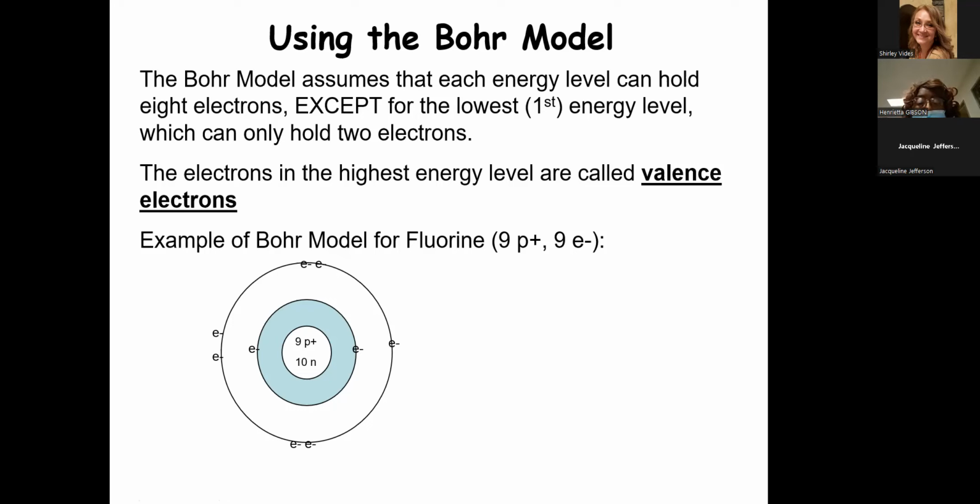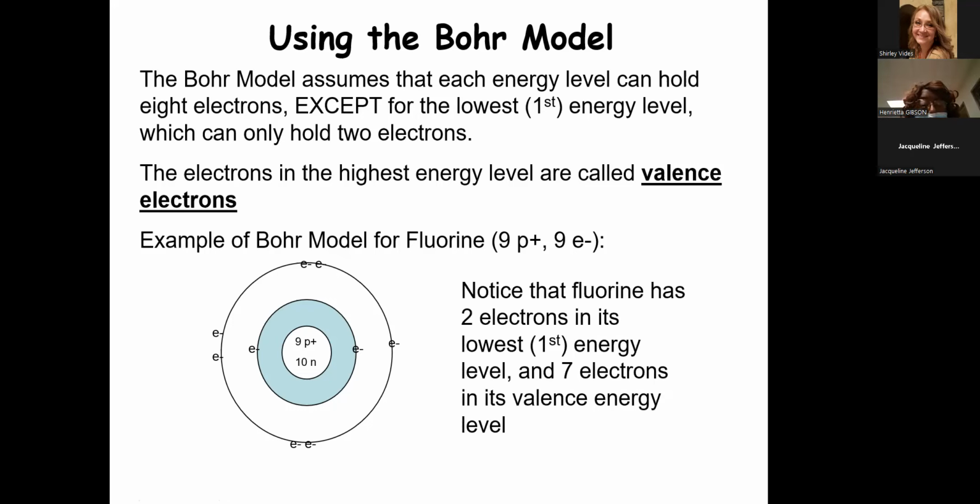All right. So now we're going to remember 2 things. Notice that fluorine has 2 electrons in its lowest energy level. Okay, so I'm going to highlight that. 2 electrons in its lowest energy.